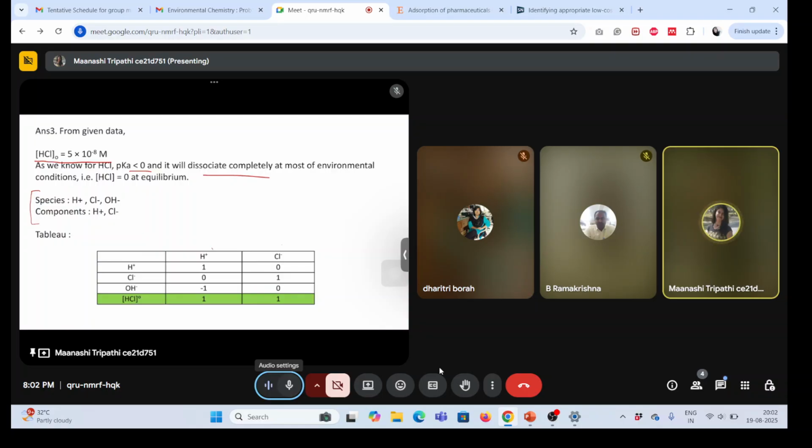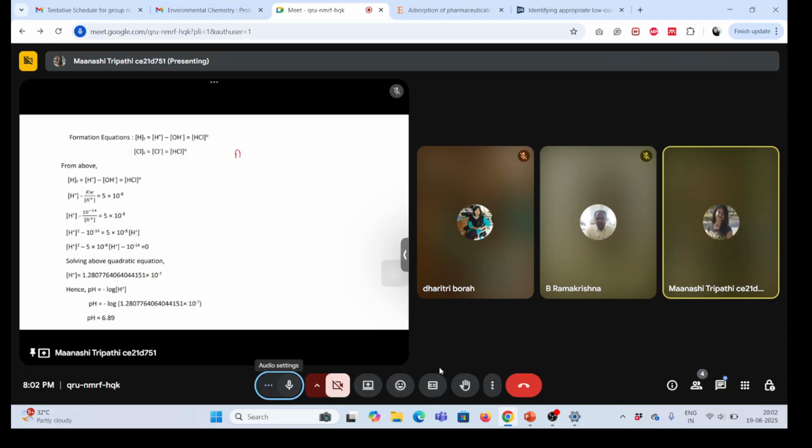Once you get this W, what is the formation equation? Like as I told earlier, right? What was acidity? If we talk about the carbonic acid system, it was 2H2CO3 plus HCO3 negative plus H plus minus OH.